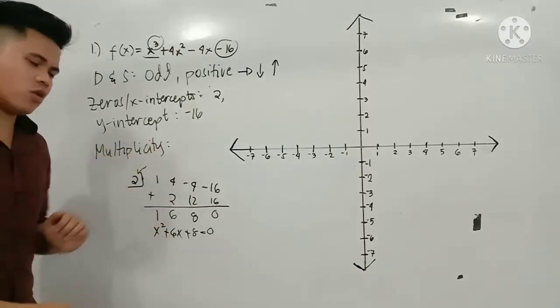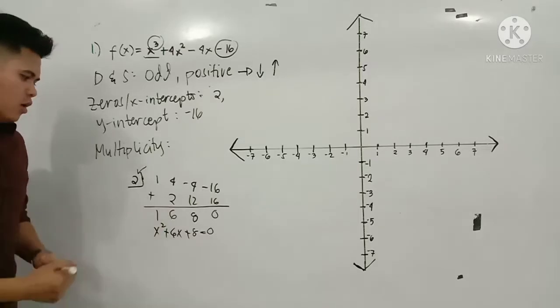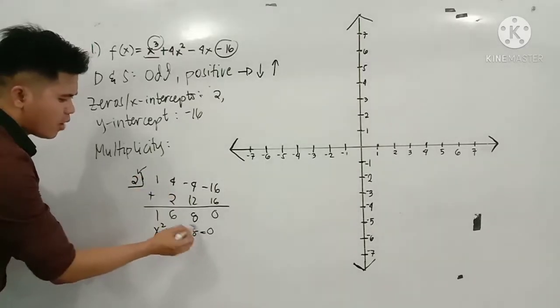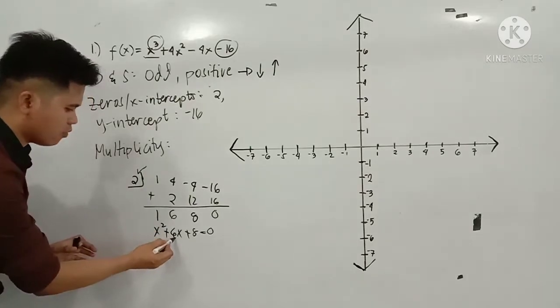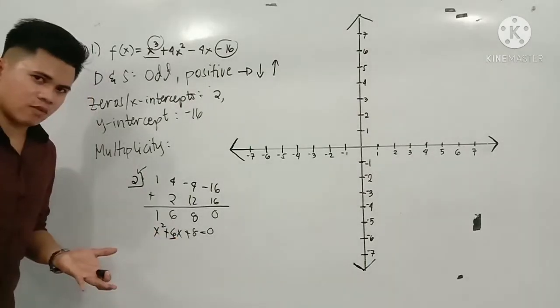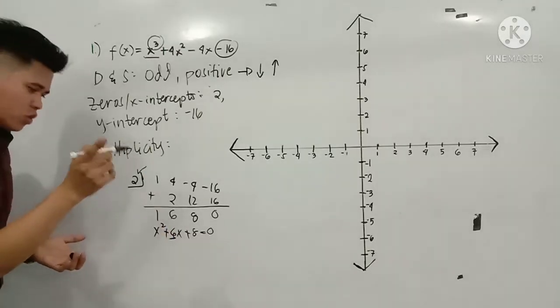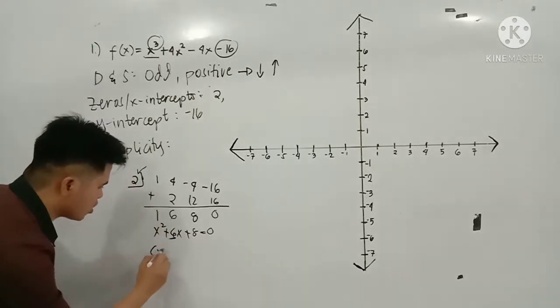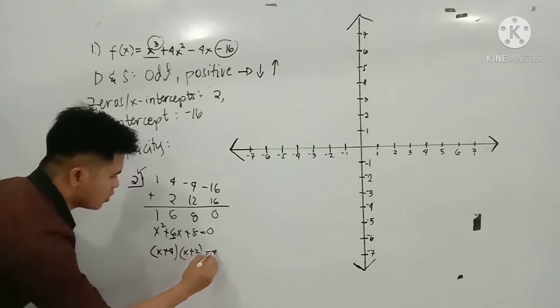So how about factoring? What are the factors of 8 that, when added, give a sum of positive 6? That is 4 and positive 2. Correct. So we have x plus 4 and x plus 2 equal to 0.